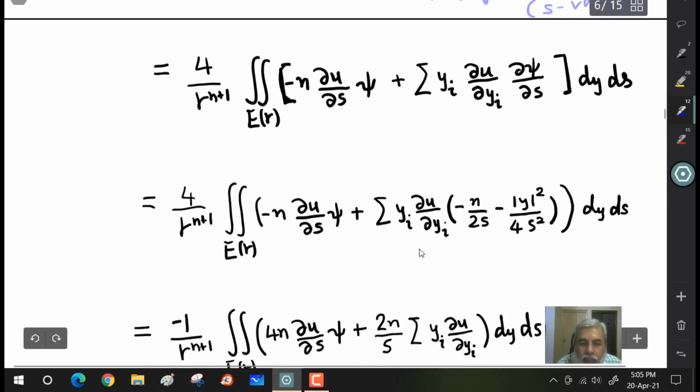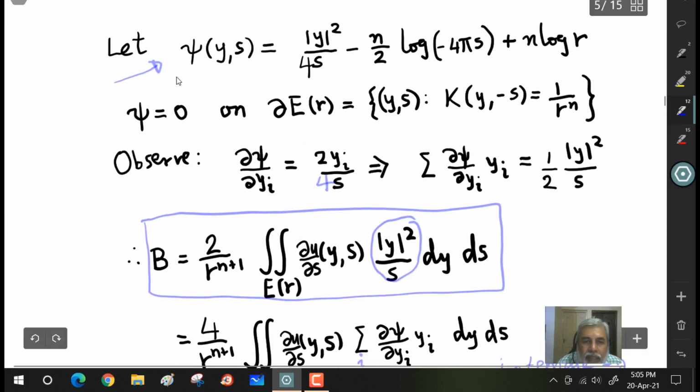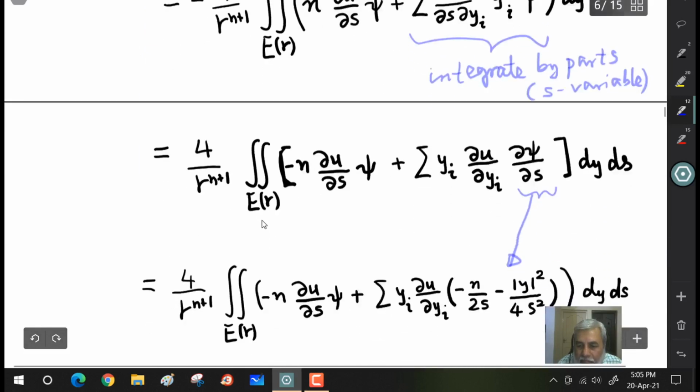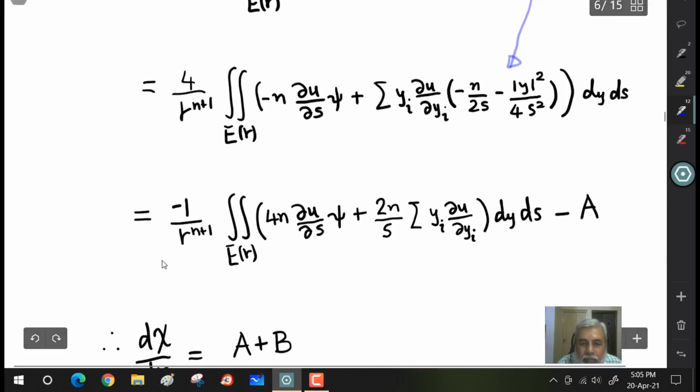Okay, and now again you simplify a little bit, and now you substitute this del psi by del s. So psi is here again. This is the function. Now you take differentiation with respect to s variable, and that's what you get here. Okay, and now you simplify, so you get a nice expression.